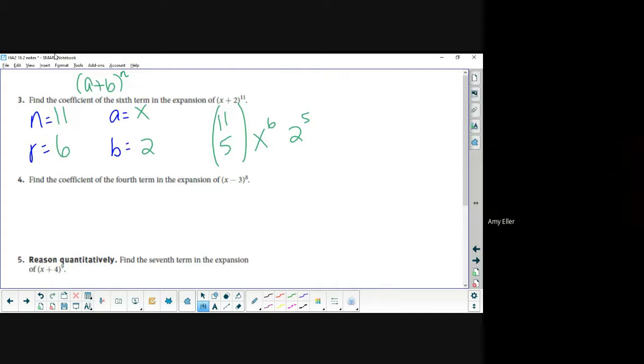Questions on that? Assuming you have the formula memorized in a day or two, is this part going to be easy then? Hopefully, yeah. Can we simplify it? Yes, we're going to do each part. So go ahead and grab your calculator. Please type in 11 choose 5 that we practiced yesterday.